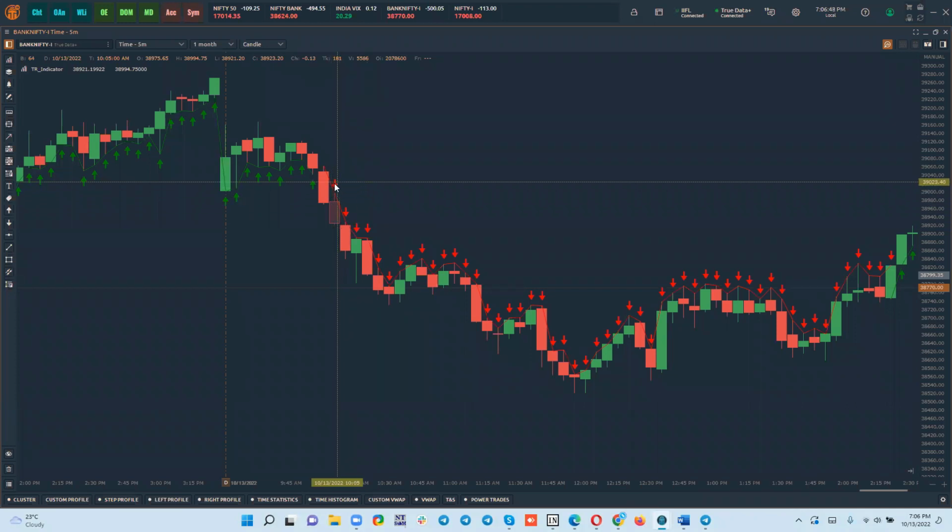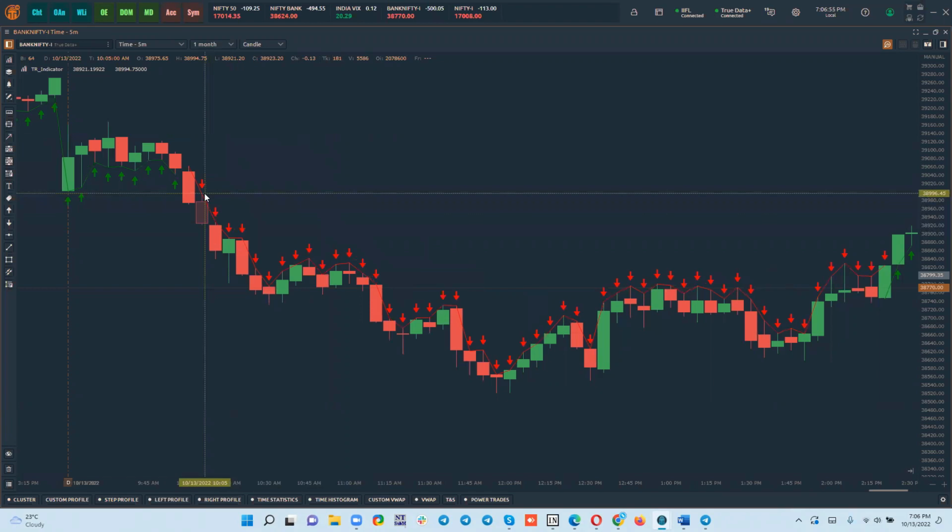So you take a trade on the close of this interval, if this signal is there on a closing basis. Your stop loss is going to be the high of that particular interval. Maybe you can keep it 1 or 2 ticks or points away from the highest level, so that in case the market touches that high, your stop loss is not hit unnecessarily.